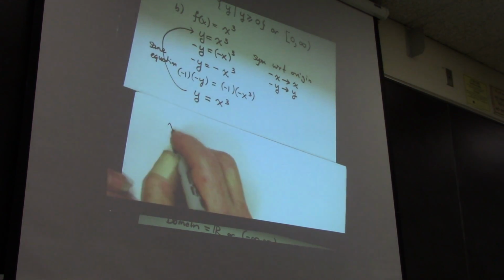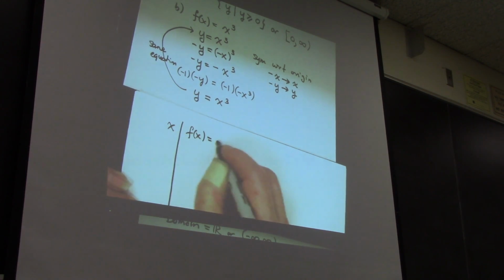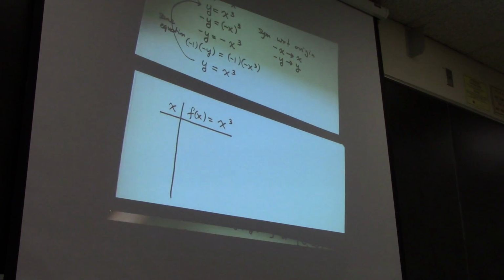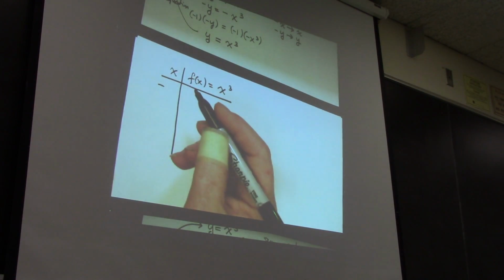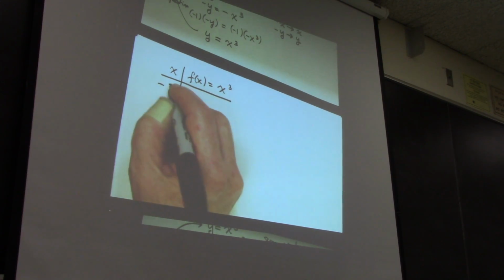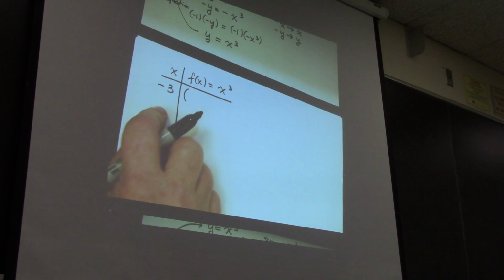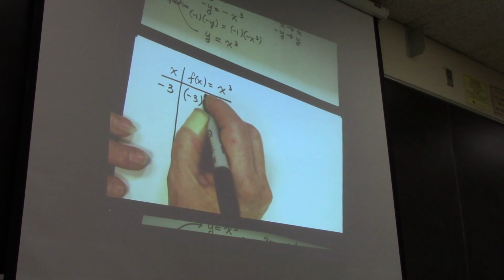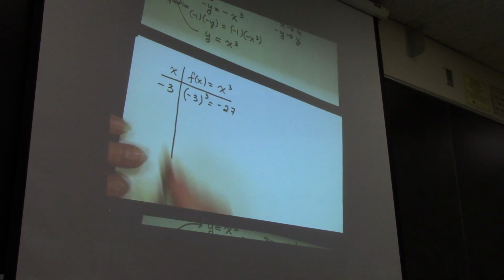Okay, so now let's just make a table of values. And we'll also see the symmetry happening in the table. Not the same kind of symmetry as you had before. I probably won't actually plot this point because the y value is so big, or I guess small, but let's just see where it is: -27.